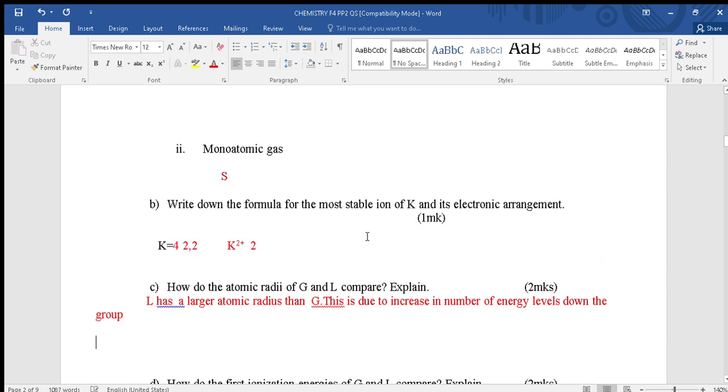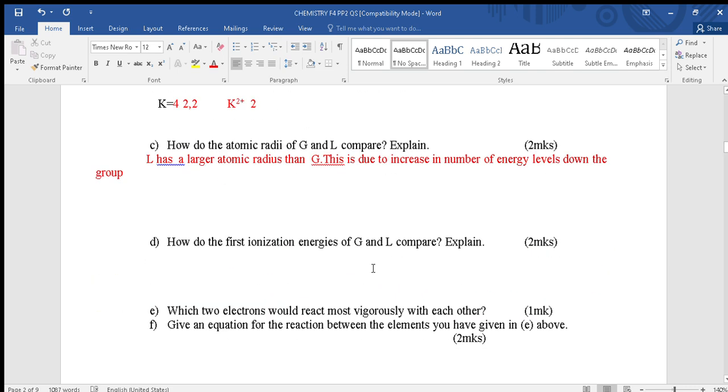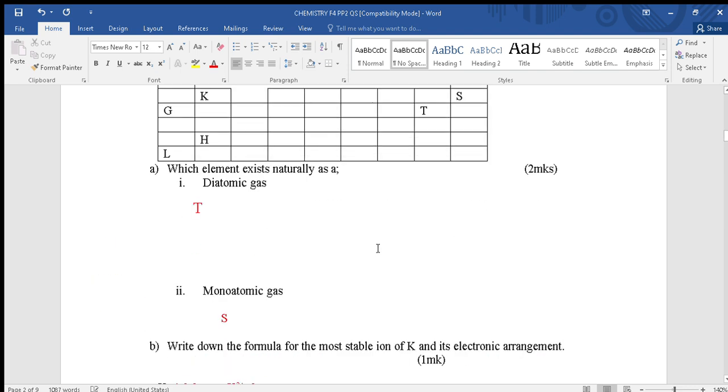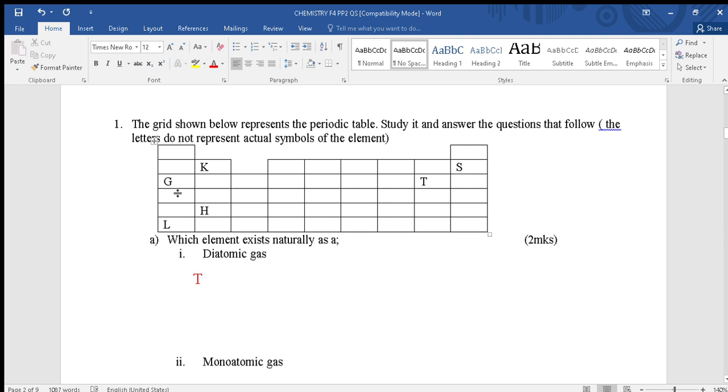Now, when you go to the next question, you are asked, how does the first ionization energy of G and L compare? The first ionization energy is the energy required to remove the first electron.